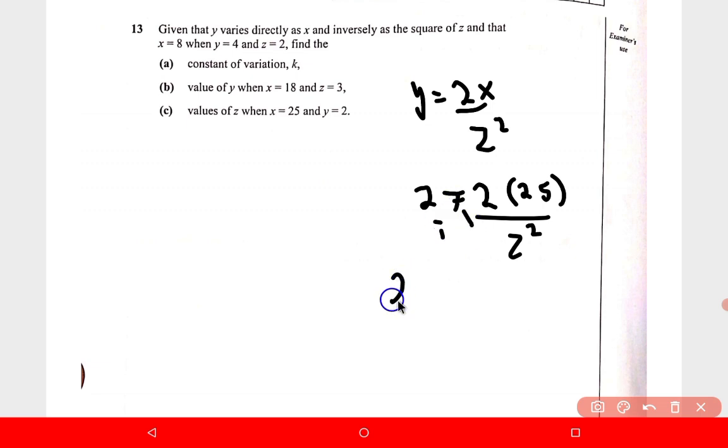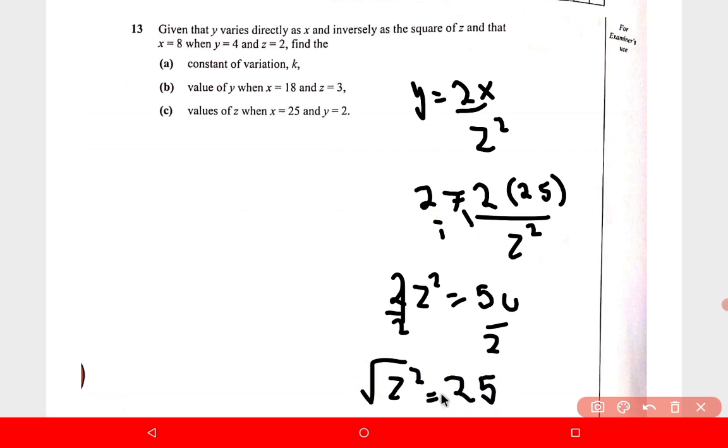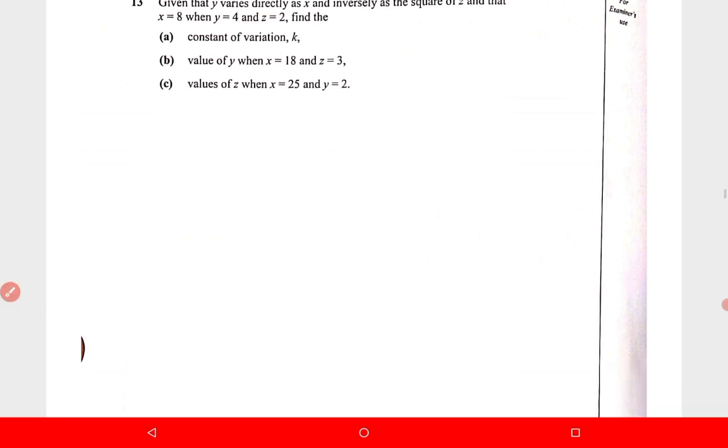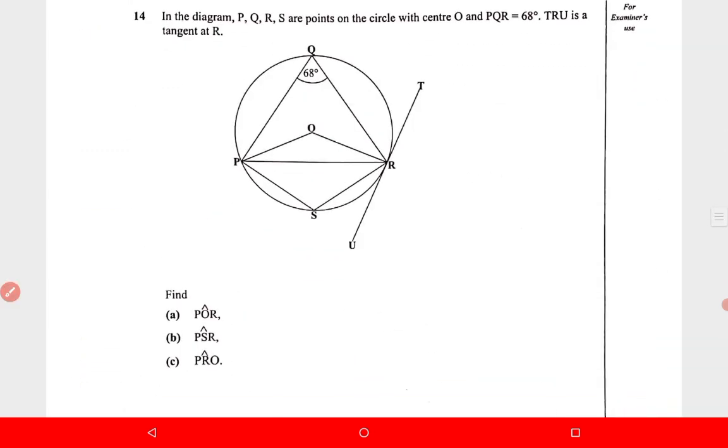Let's multiply, so that will be 2 z squared is equal to 2 by 25, that is actually 50. Divide by 2, divide by 2. So z squared is equal to 25. Square root. So z is simply equal to plus or minus 5. Okay, plus or minus 5, and you're done with this question. In the next video we'll start from question 14, we'll go on and on.